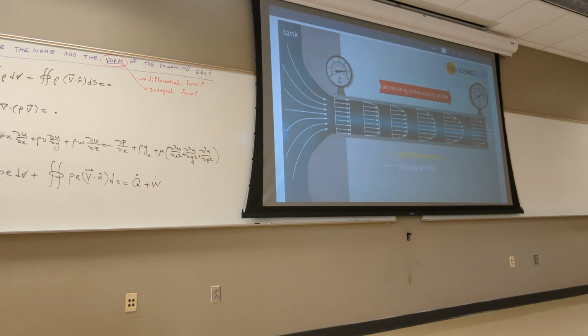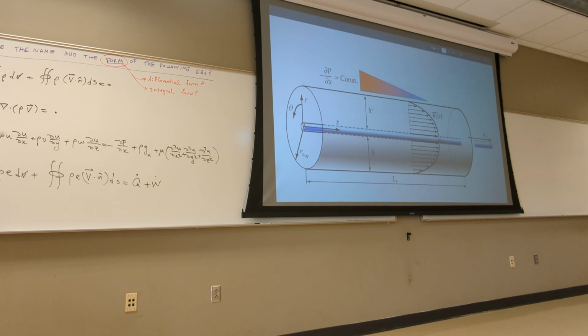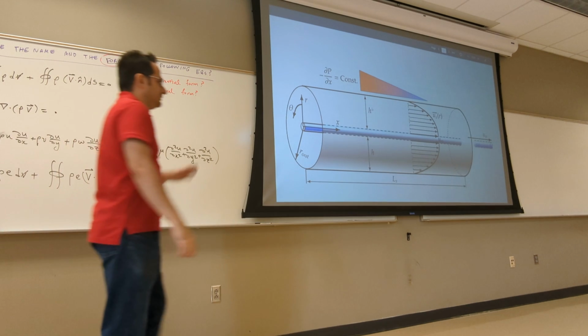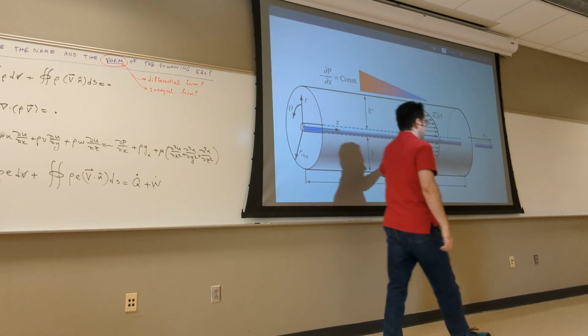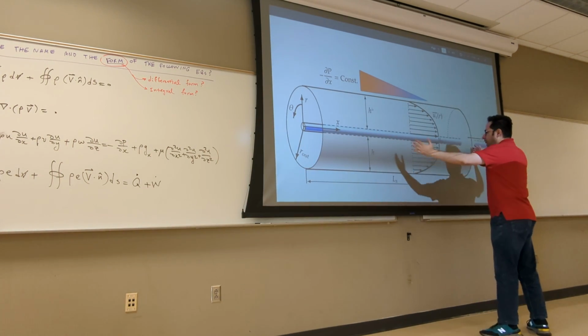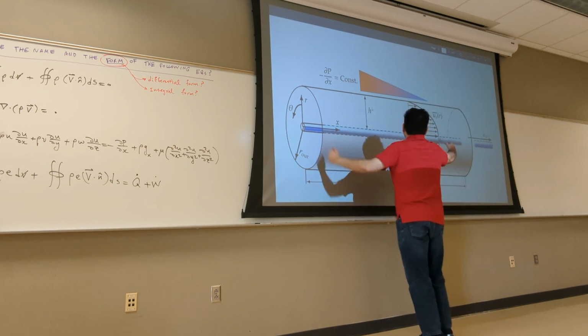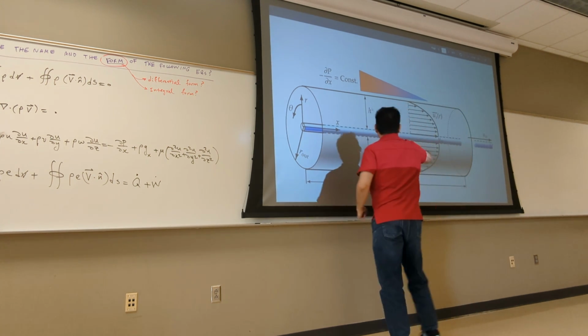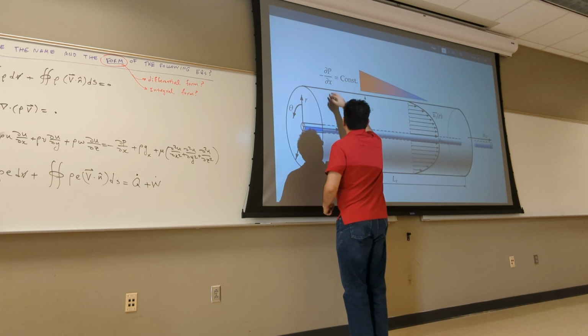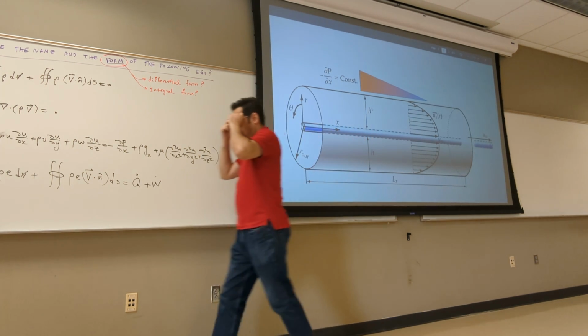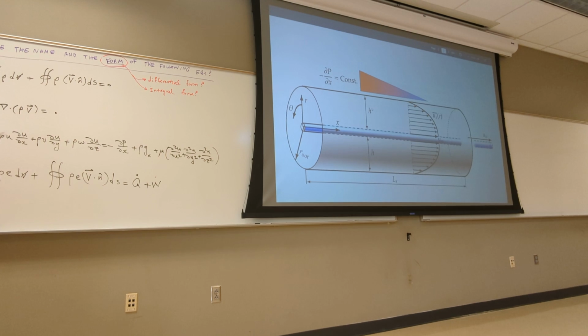Now, the next slide is basically what you see after the end, as the dimension goes to infinity. We have some velocity profile, and it's just repeating the same thing, and the pressure drop, dP/dx, is just a constant negative number.